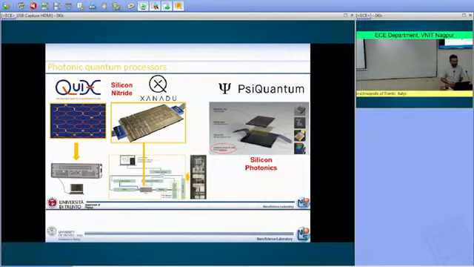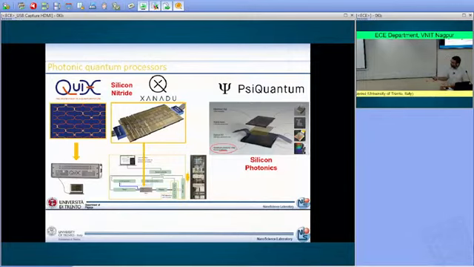Nowadays they are able to make a quantum computer with 50 qubits. It is also using photonics, making the photonic circuit with the silicon nitride platform. So PsiQuantum is using silicon, and Xanadu is using silicon nitride.